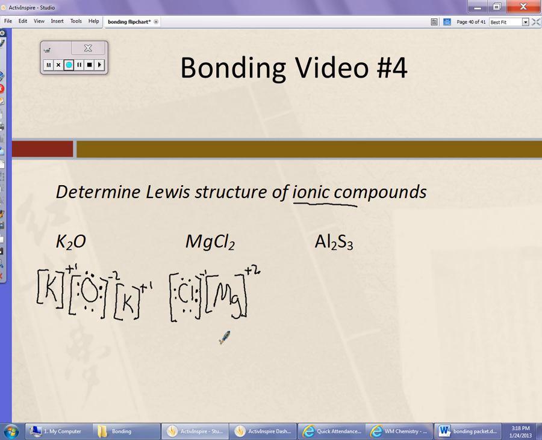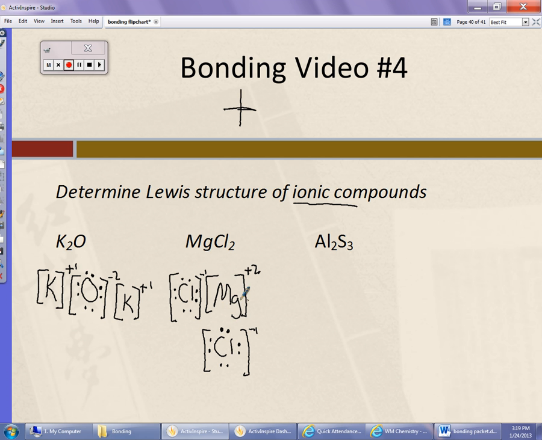Now we're alternating where things are located, but we don't have to go straight across. We do want to follow like a grid path. We want to go straight lines up and down. So we could put the chlorine down below if we wanted to, as long as we're alternating between the positive and the negative charges. And this is a finished magnesium chloride.